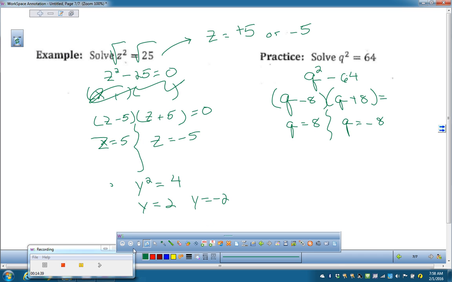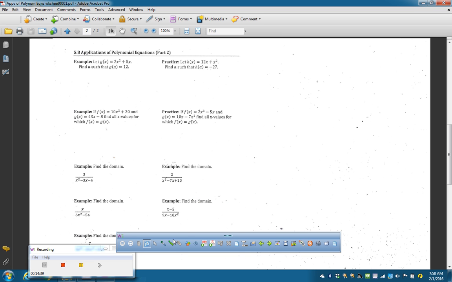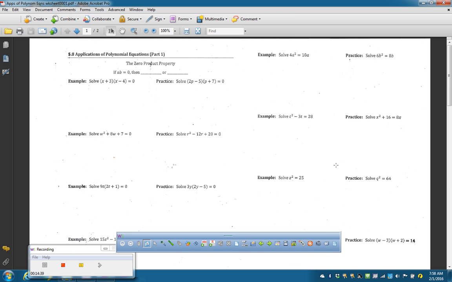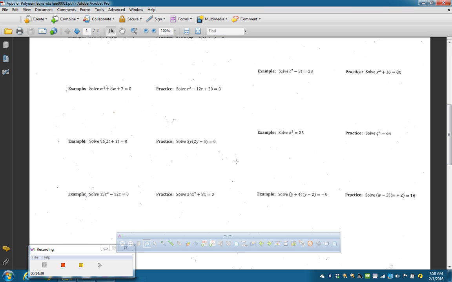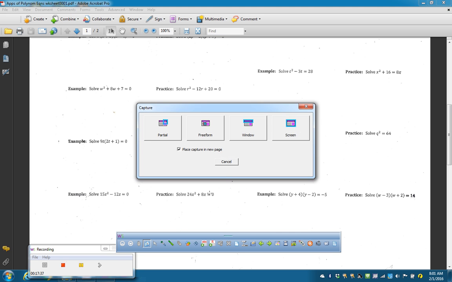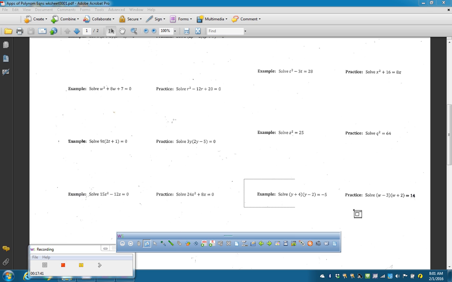But I do want to do this last one. Where'd we go? Back to page 1. Uh-oh. Was that someone's phone making noises?